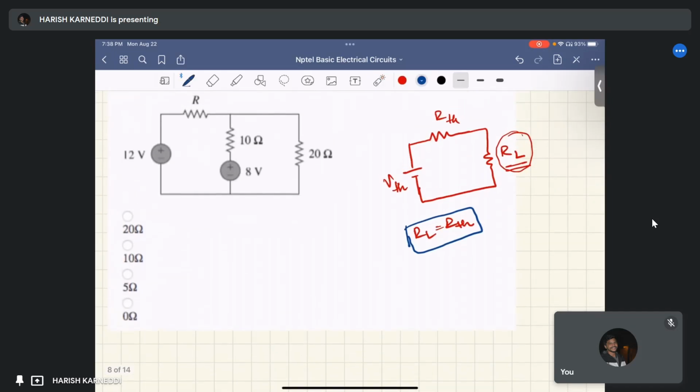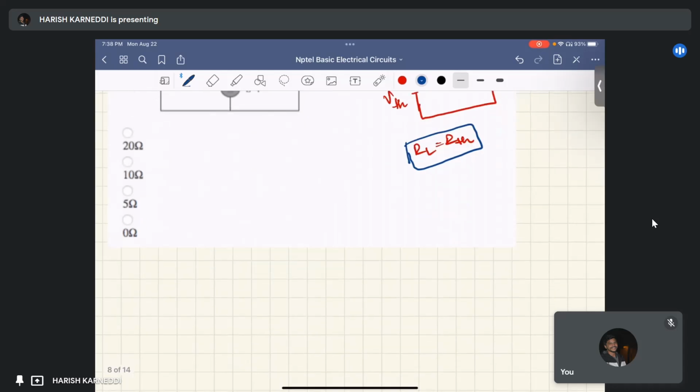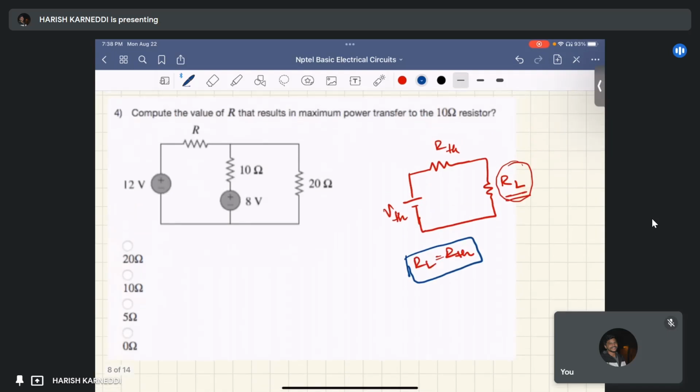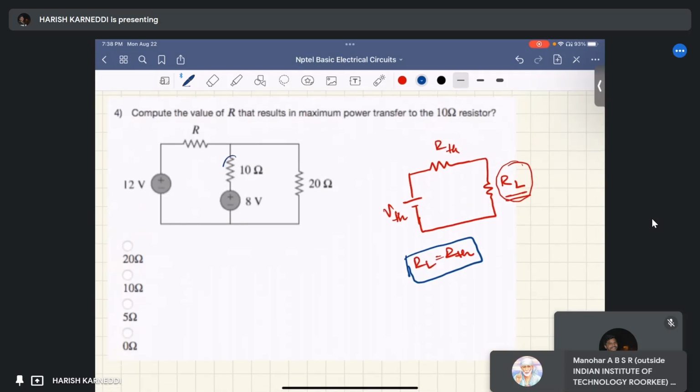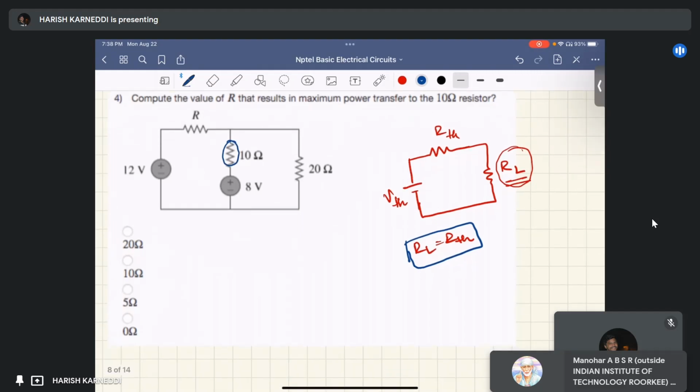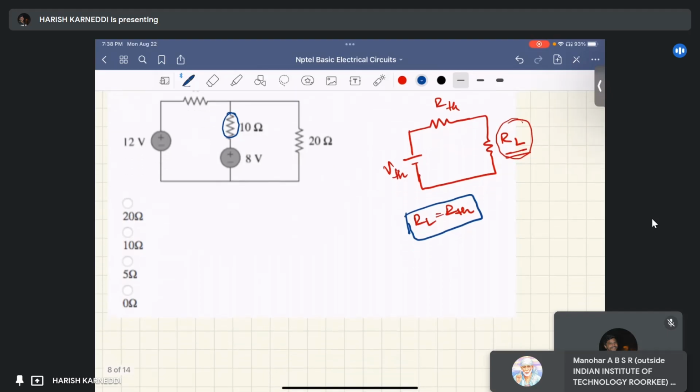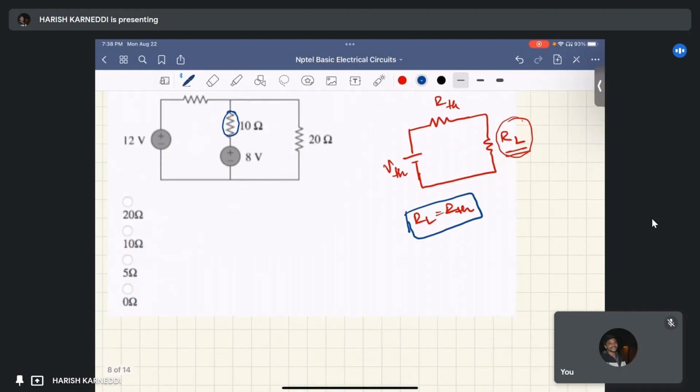First thing, to find the Thevenin's resistance seen from this 10 ohm resistor, we have to make the sources zero.